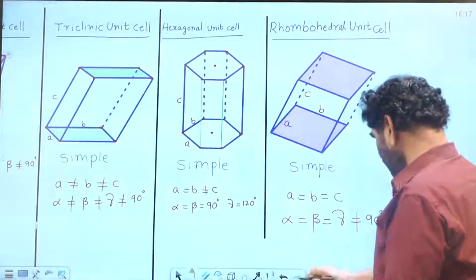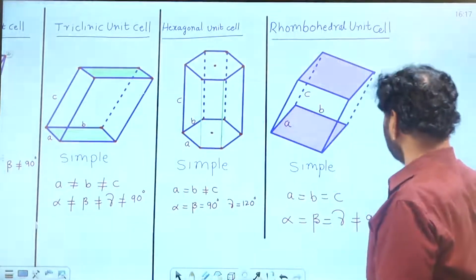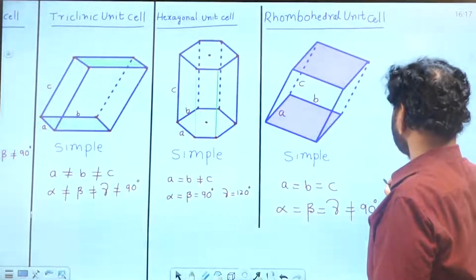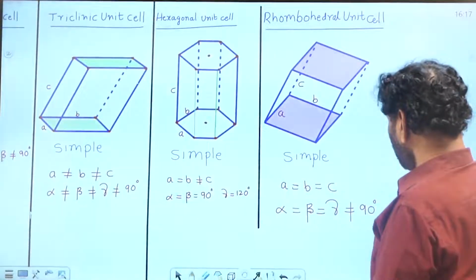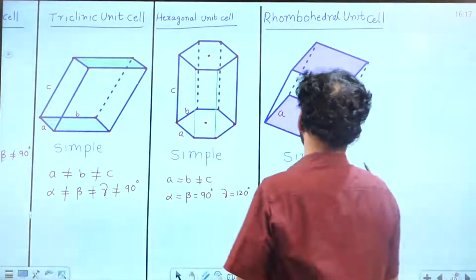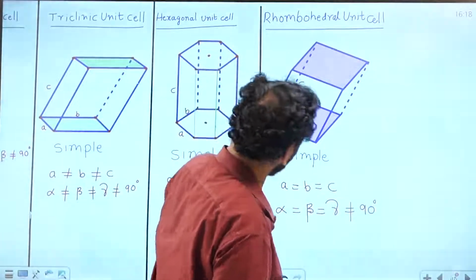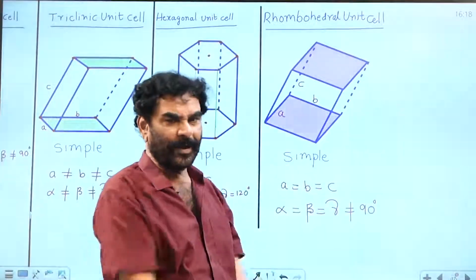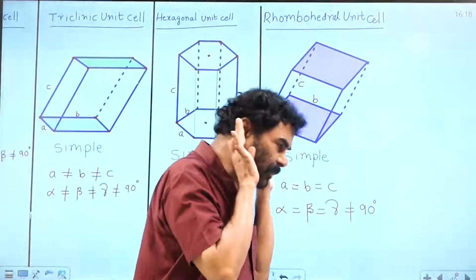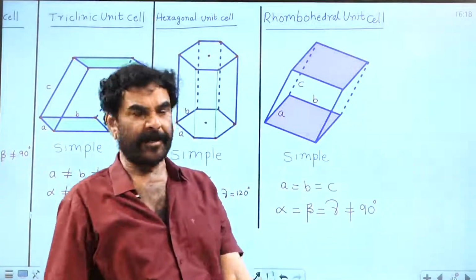Now the last one, the rhombohedral system. It is similar to the cubic type, but one side is tilted.